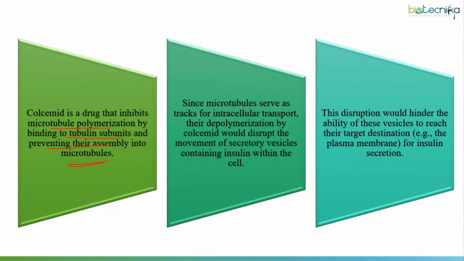Since microtubules serve as a track for intracellular transport, their depolymerization with the help of colcemid can disrupt the movement of secretory vesicles, which contain insulin within them. So this disruption hinders the ability of the vesicles to reach their target destination for insulin secretion. So it is considered to be an inhibitor over here.